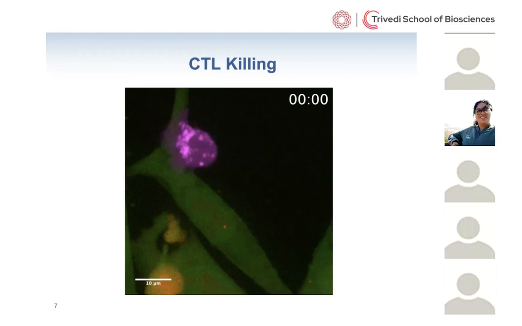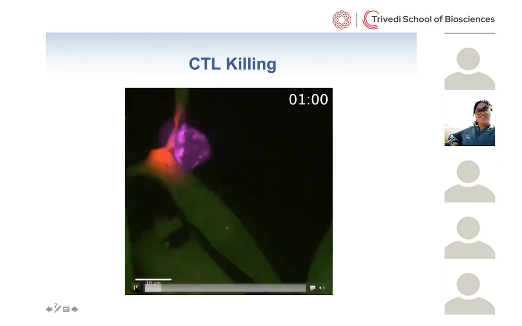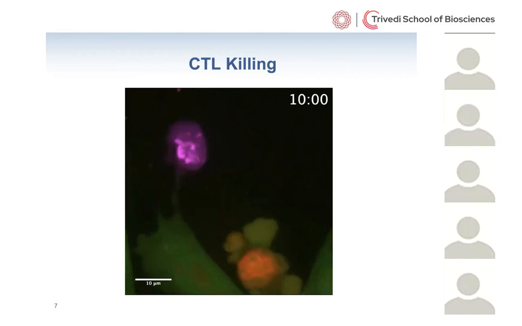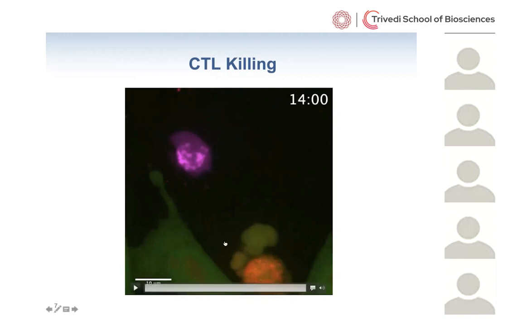And what I'm going to show you is that this killing is due to the activation of caspases. Okay, so let's just run the movie. So that death of this cancer cell is the essence of cancer immunotherapy. This is what it's all about.